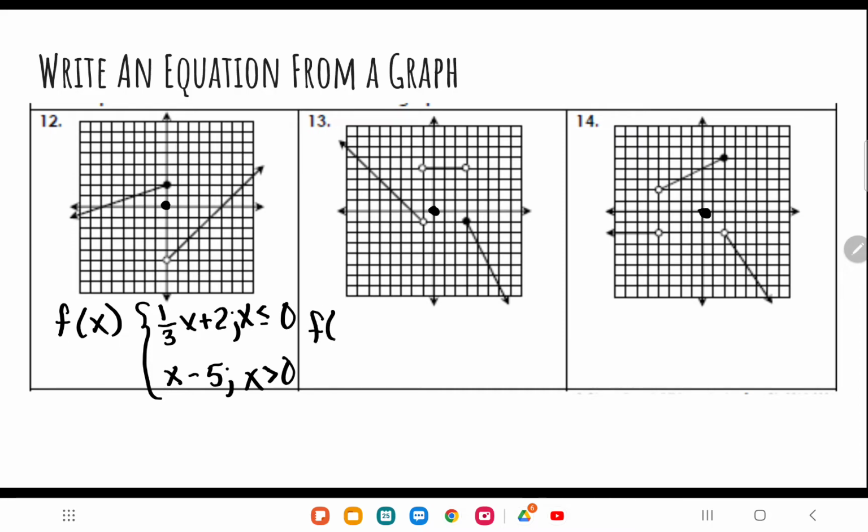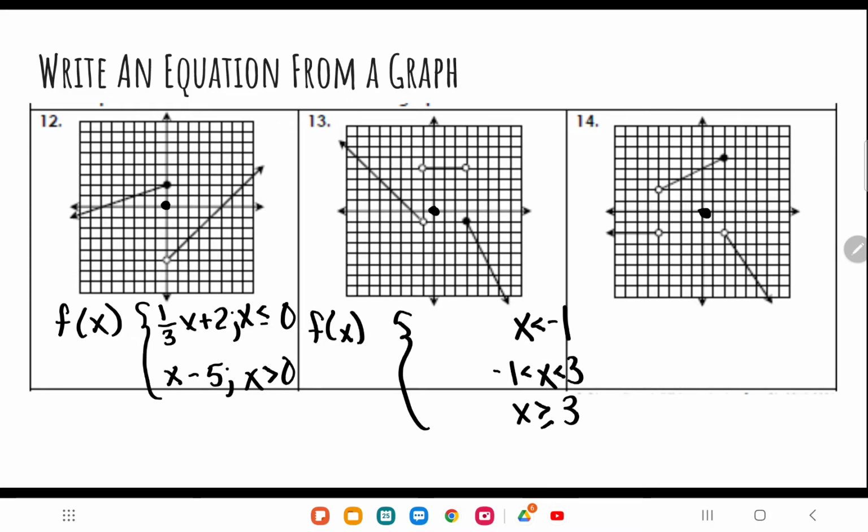So let's go ahead and write those functions. Again, just beginning by noting that I have x less than -1, between -1 and +3, and x greater than or equal to +3.